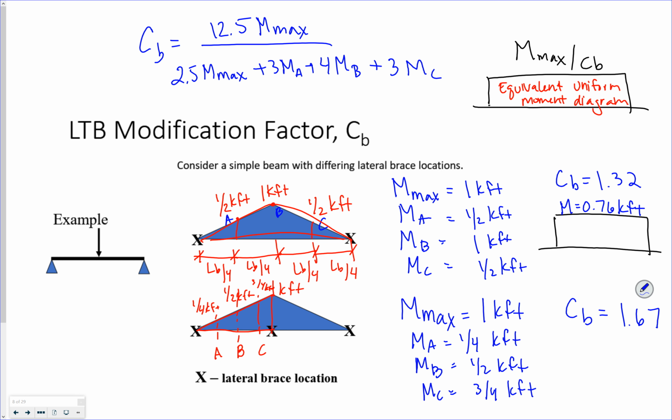So my equivalent moment that I have to design for is 1 kip foot divided by 1.67. My maximum is still the same, right? But now I only have to design for a uniform distributed moment of 0.6 kip feet, which is 1 divided by 1.67.